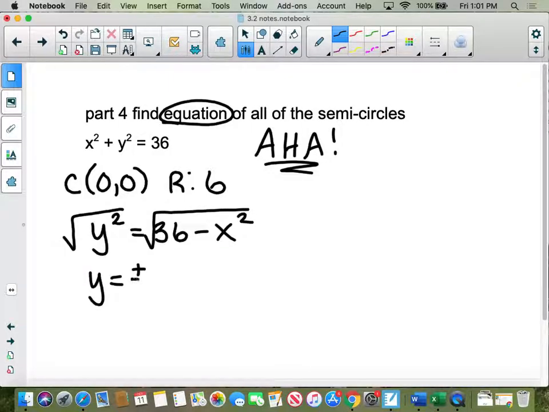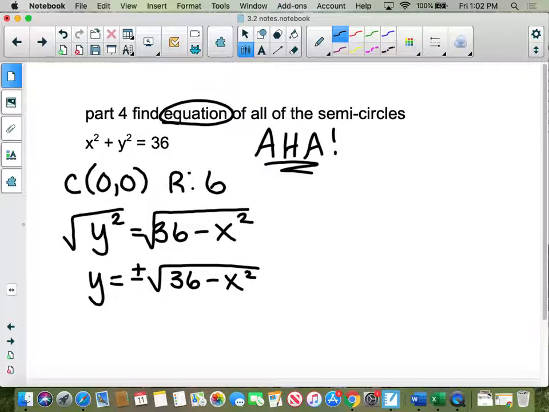Plus or minus the square root of 36 minus x squared. This is the y, the plus and the minus. Doesn't the 36 stand for the r squared in the formula? And minus x squared. So now you understand where they came up with the semicircle formulas, right? Aha, that's pretty cool, isn't it?